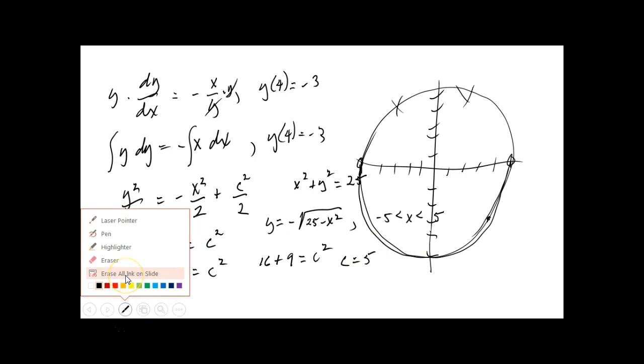So let's take a look at 3. Solve this one. dy dx is equal to y squared minus 4. Where would you go with this one? Get the like terms.